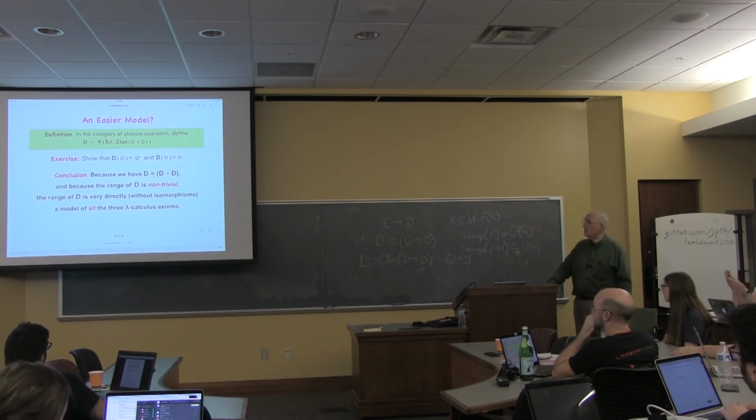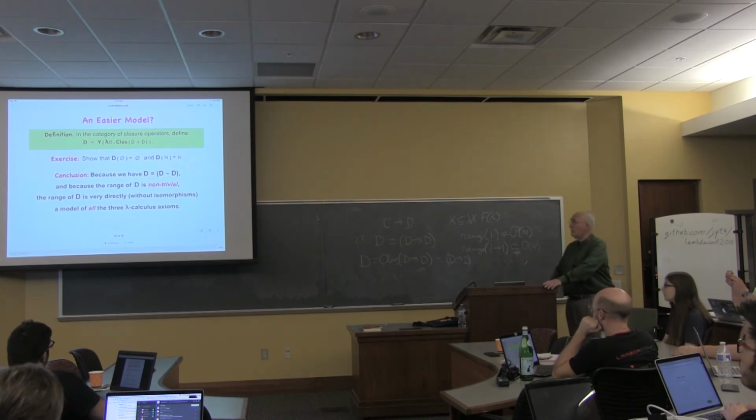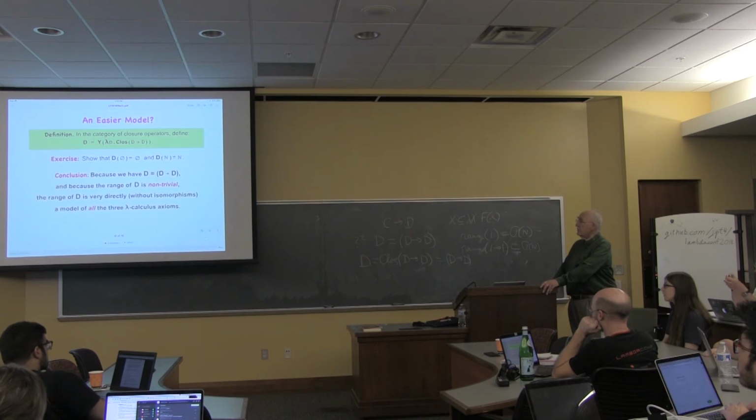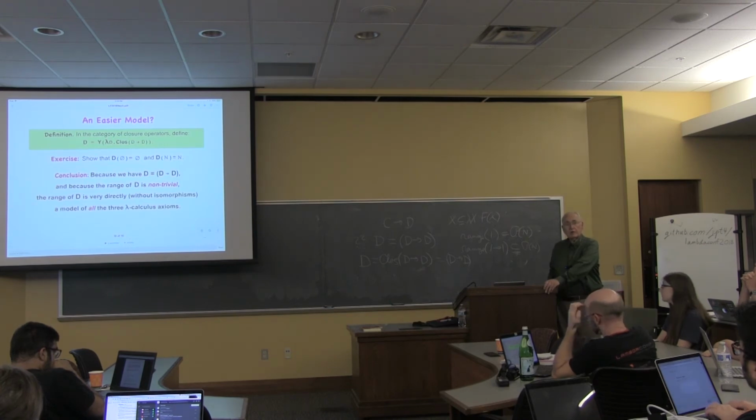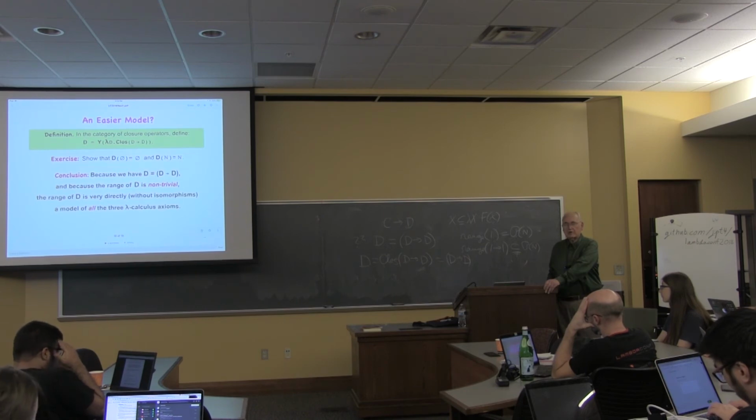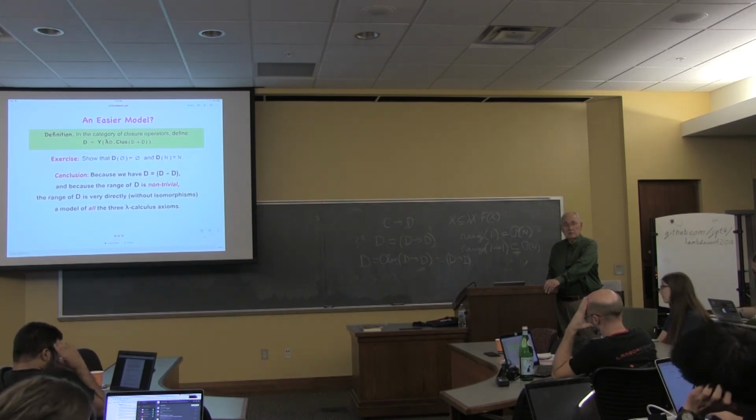And now, as I say, there's a little exercise there. You can find in the range of D the empty set and the whole space quite easily. And so you'll find out that this is a non-trivial closure operator. So this is a non-trivial subspace of the power set of N, which satisfies all the axioms of lambda calculus.